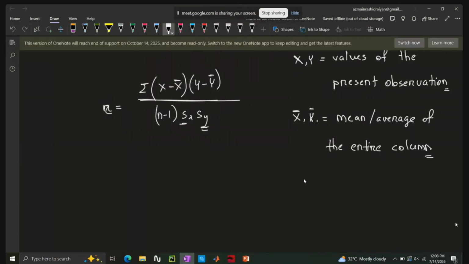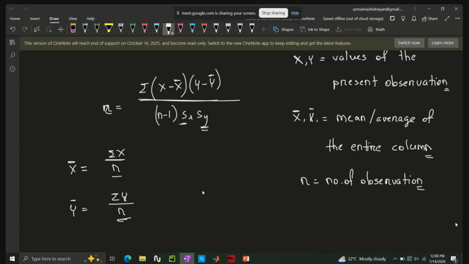Let's say my number of observations is N. So X bar is the sum of all values of X divided by N. Similarly, Y bar is the sum of all values of Y divided by N. This is how I find the values of X bar and Y bar, which is the mean of the entire column.